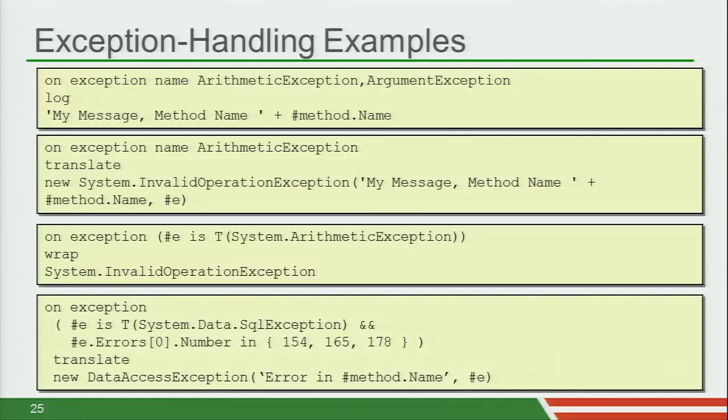And here we see an example of something that we do all the time, which is, remember I talked about that portable data exceptions abstraction. This is how a lot of that happens. So in the case of a system data SQL exception, if the error number is 154, 165, or 178, what we'd really like to do is actually translate that into a data access exception error.